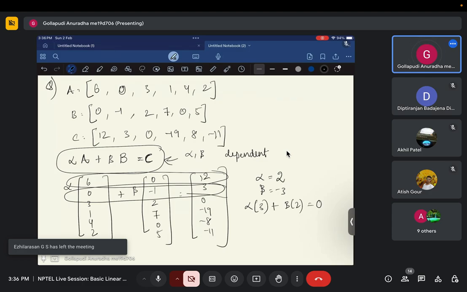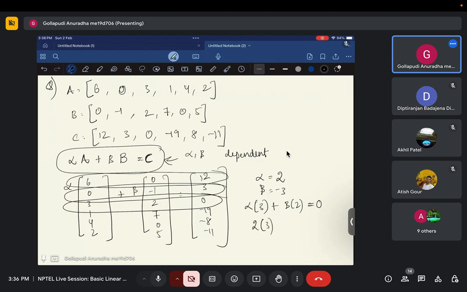Suppose I'll just check for this, if this is 0. Yeah, so even for this it's 2.